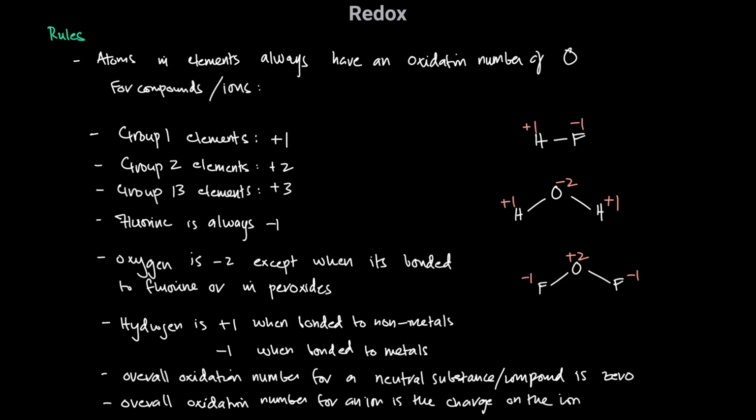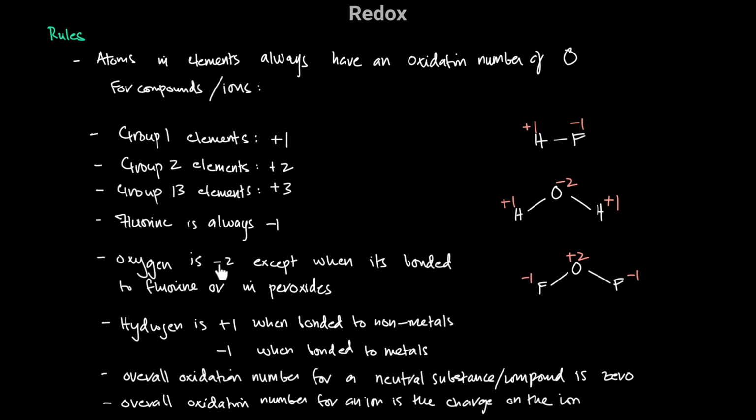Now between oxygen and fluorine, fluorine is the more electronegative element. Because fluorine is the most electronegative element, it will always be -1, because it always either makes F- ions, fluoride ions, or it makes single bonds. So when it's bonded to oxygen, because oxygen is less electronegative, fluorine will get the negative oxidation number, and therefore in this compound, oxygen has an oxidation number of +2.